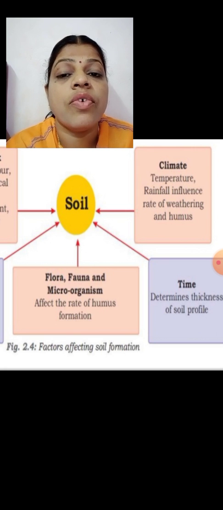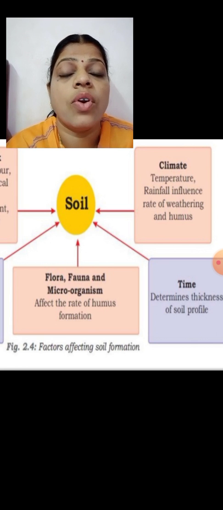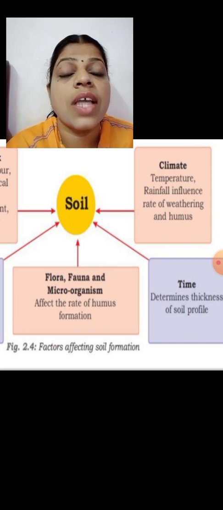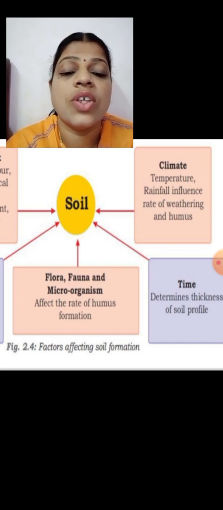A moderate temperature is required. And the next one is rainfall. Rainfall is also an important factor which determines the rate of weathering and humus. You know about humus. Humus is what actually determines the fertility of the soil.